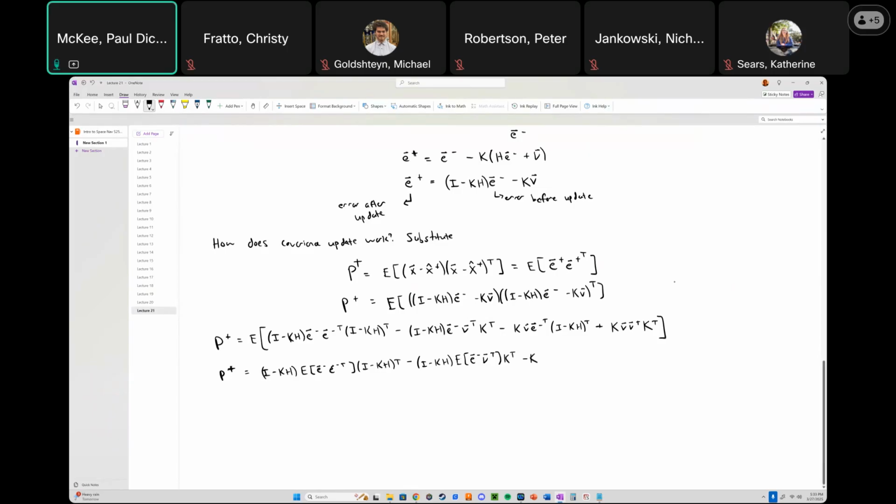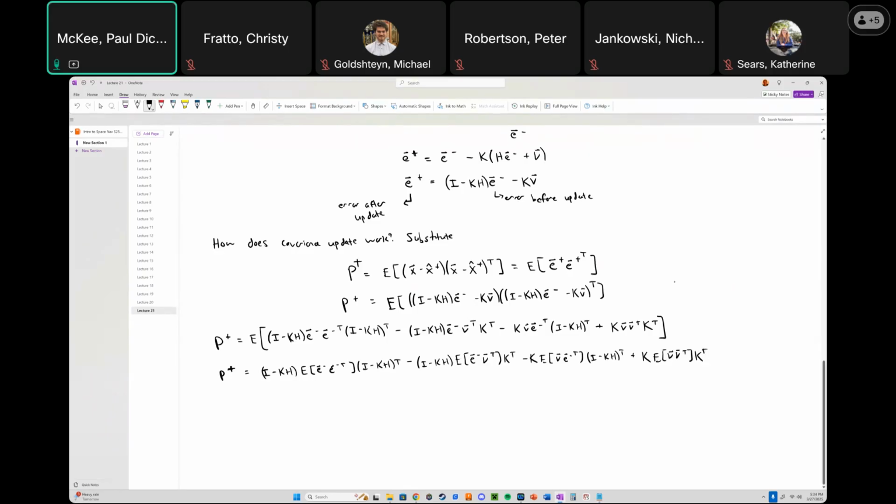And then we have minus K expected value of nu E minus transpose, I minus KH transpose. And finally, we have K expected value of nu nu transpose, K transpose.